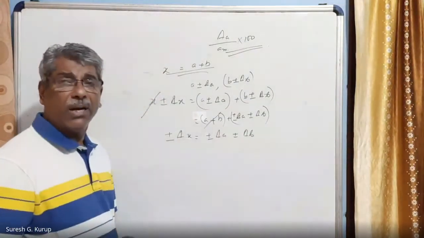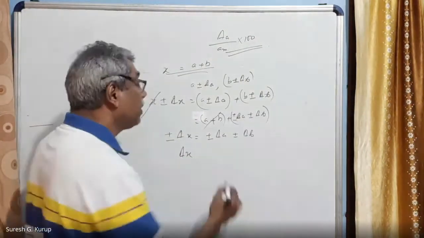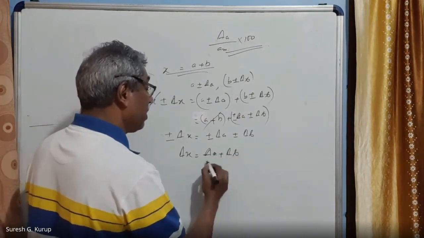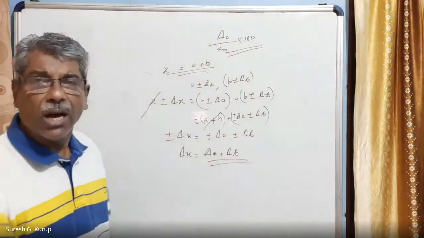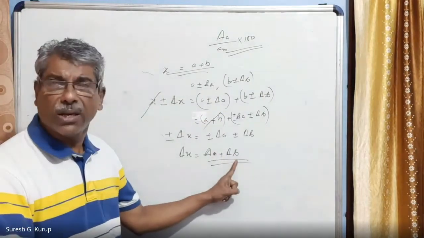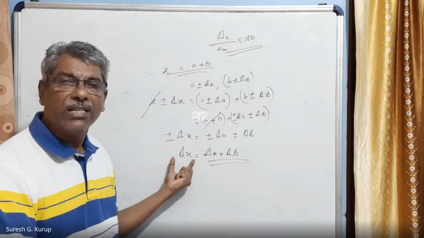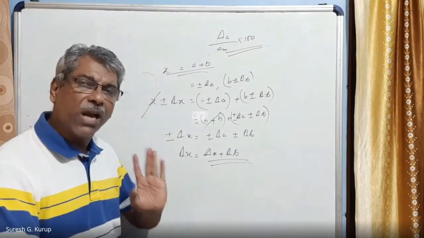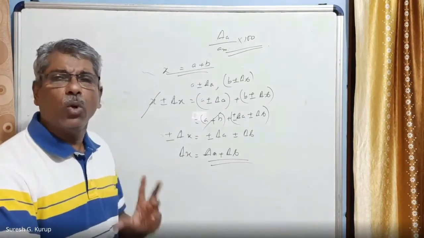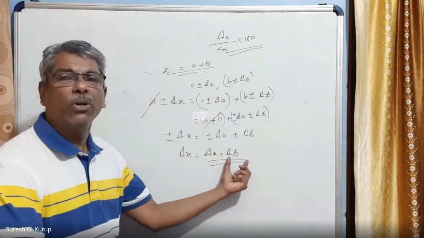The maximum absolute error is given by taking only the plus sign, that means delta x is equal to delta A plus delta B. Maximum absolute error means the absolute error in the first quantity plus the absolute error in the second quantity.